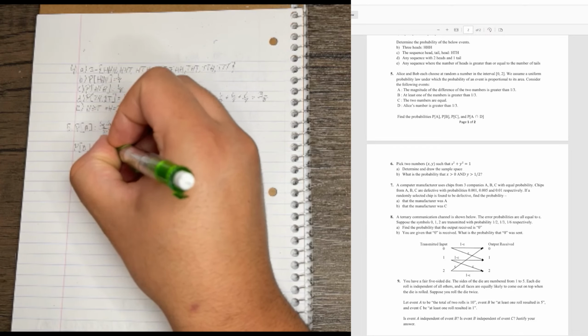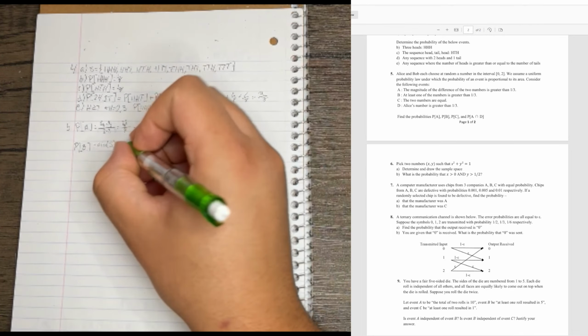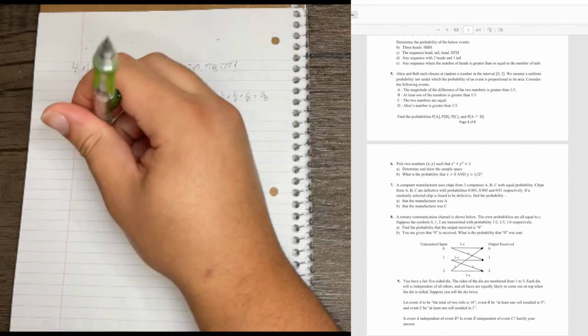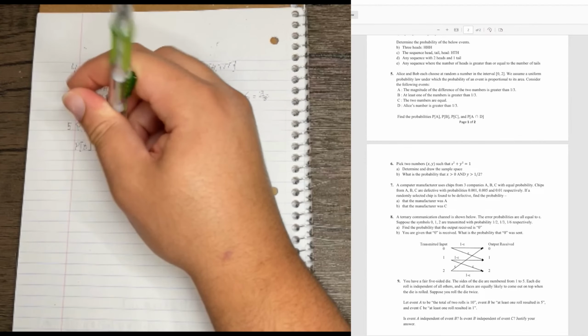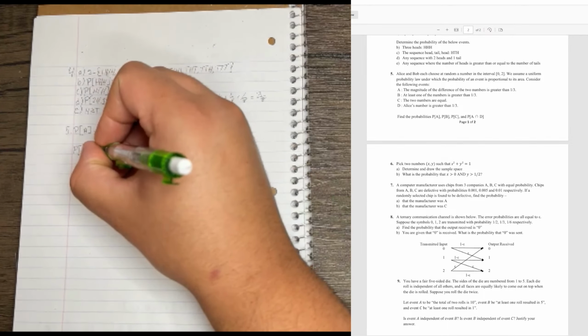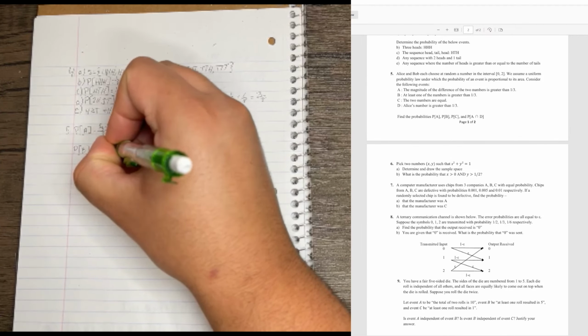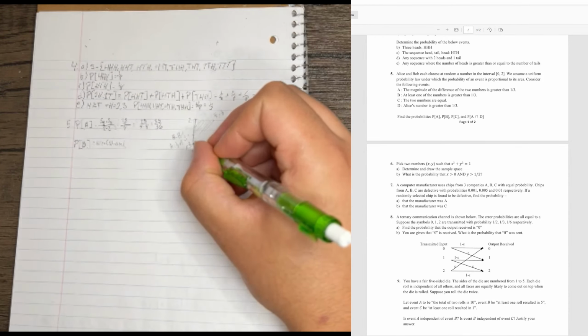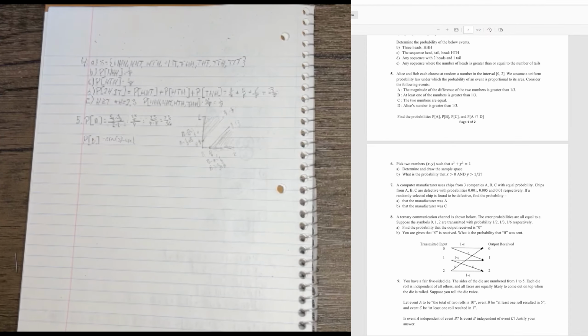Area S minus... I won't write that down because there's not really a great way to write it down. You're taking the area of the whole sample space minus the area of what's not included between those two.